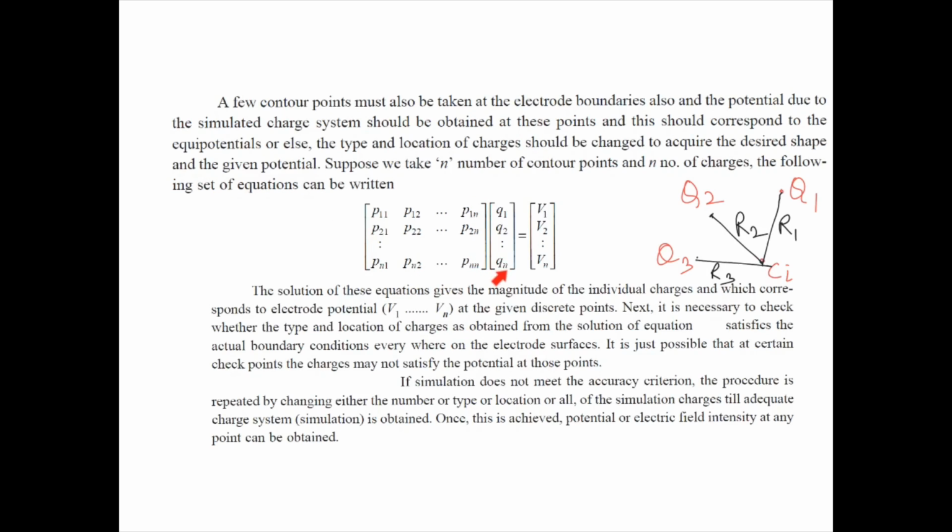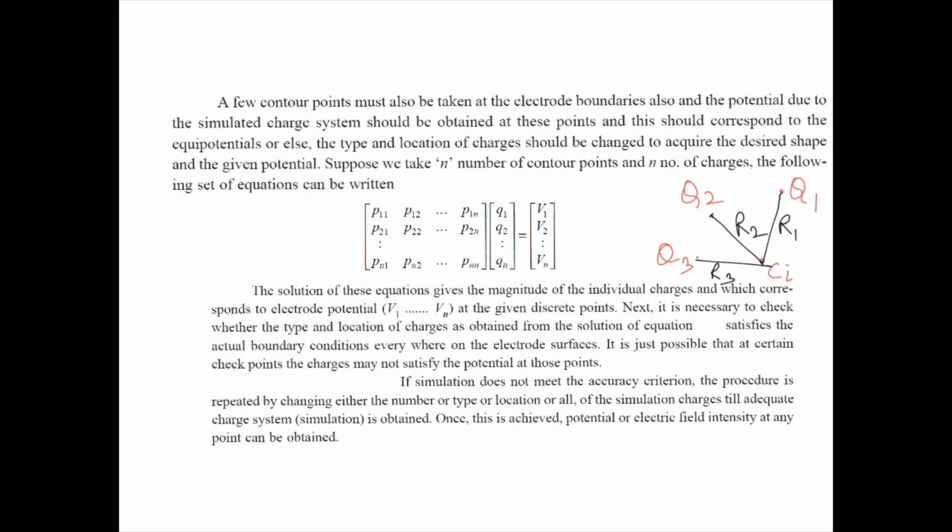The column matrix corresponds to the charges at different locations, or fictitious charges, and the column corresponding to voltage represents the electric potential at contour points. Now, since the contour points are located on the electrode surface and the electric potential of the electrode is known to us, the voltage column is known to us.